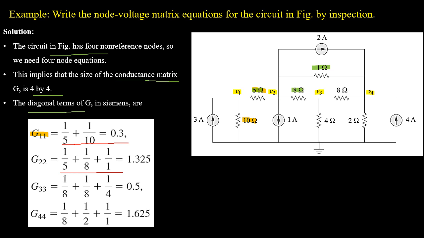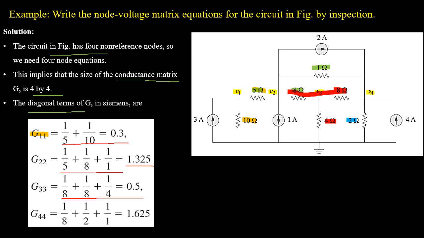So G22 will be equal to 1 over 5 plus 1 over 8 plus 1 over 1, and their sum will be equal to 1.325. Now with node 3, the resistors associated are 8 ohm, 8 ohm and 4 ohm. So G33 will be the sum of 1 over 8, 1 over 8 and 1 over 4, and this will be equal to 0.5.